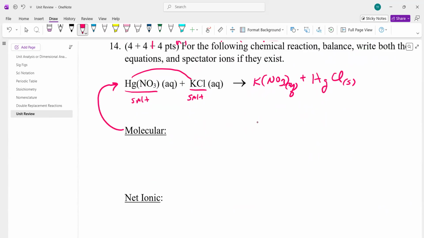Okay, net ionic: did anything happen? Yes. We had a solid form, HgCl. How do you make that? What ions are required to make that? Well, mercury plus chloride.